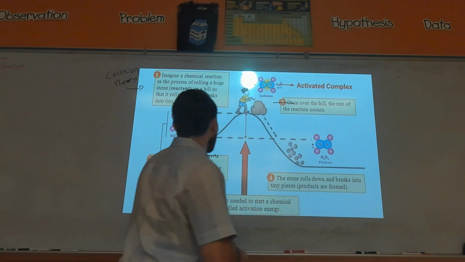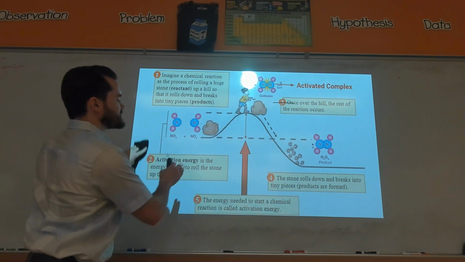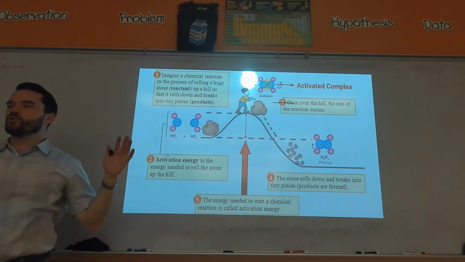Okay, so looking at our energy diagram, basically what we're doing on this slide is taking the three parts of the collision theory we just went over on the last slide, and we're going to put it onto the energy diagram and interpret it. So here are my two reactant molecules, my two nitrogen dioxide molecules, and I want you to think of them like a boulder.